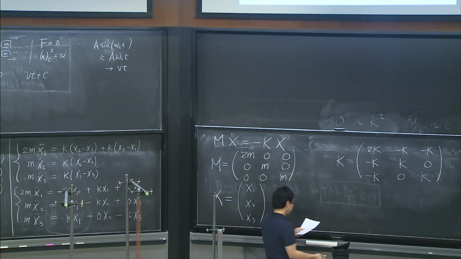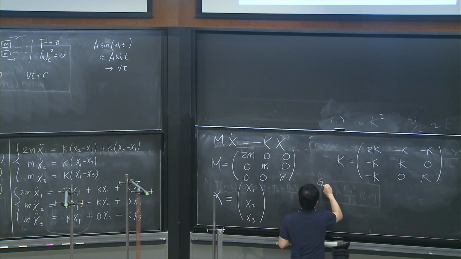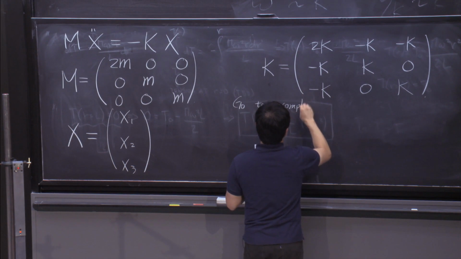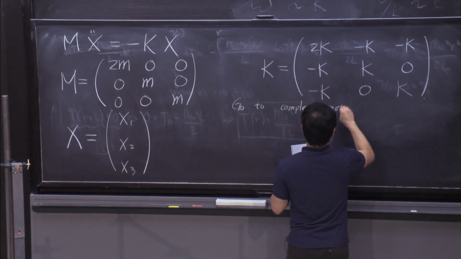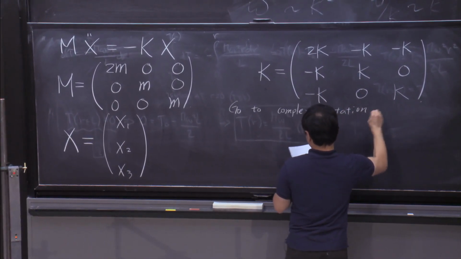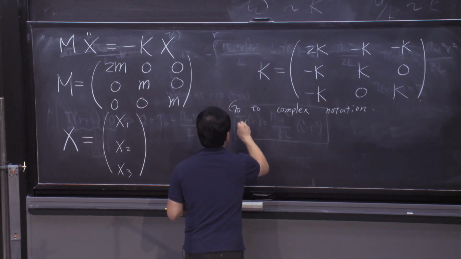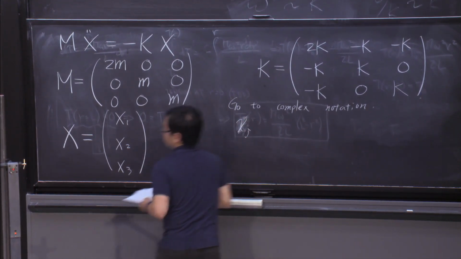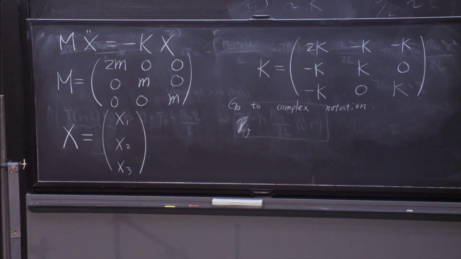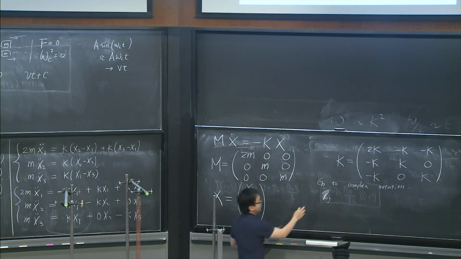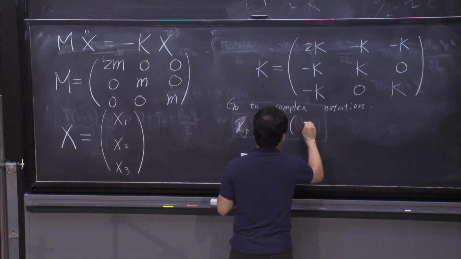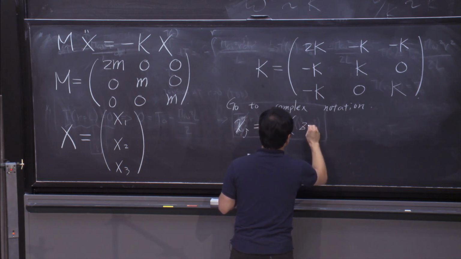And as usual, I will go to the complex notation. Okay, so I have xj, the small xj are the positions of the masses, right? x1, x2, and x3. xj will be the real part of small zj.